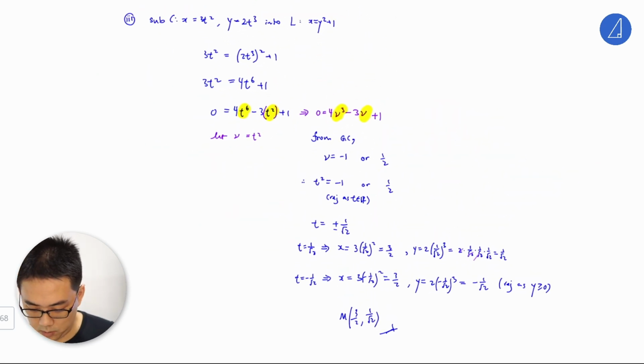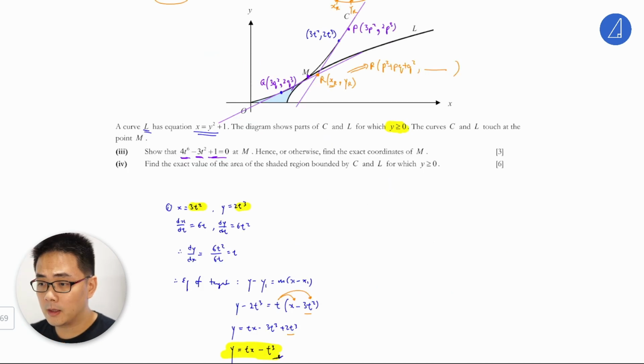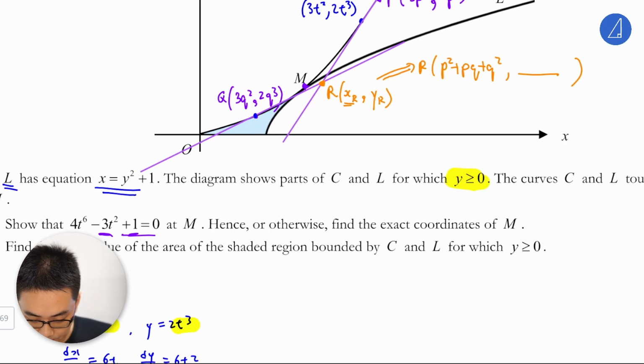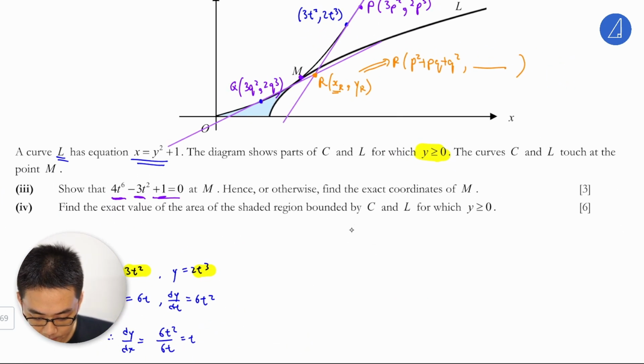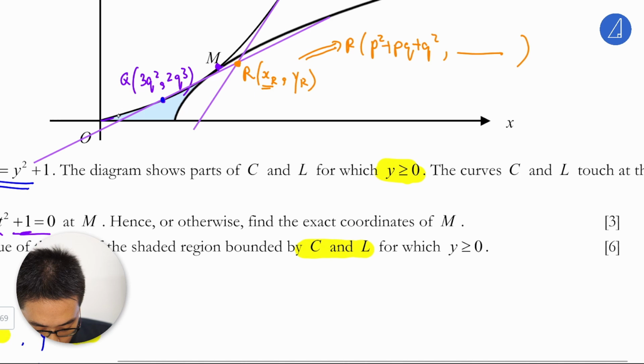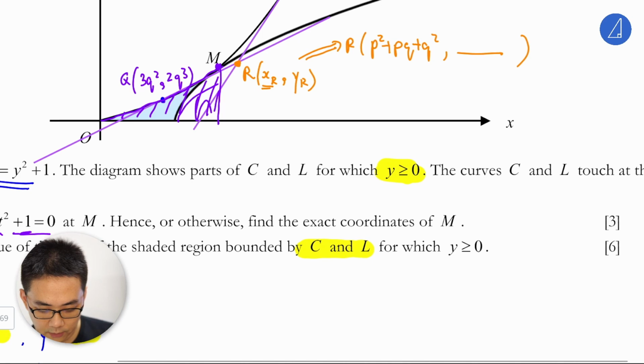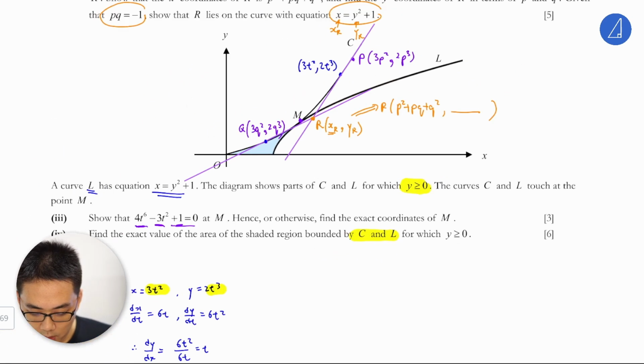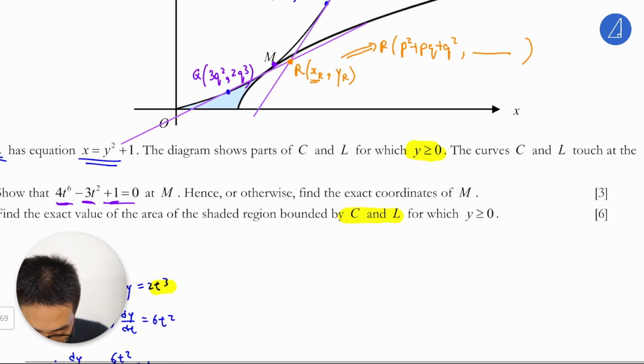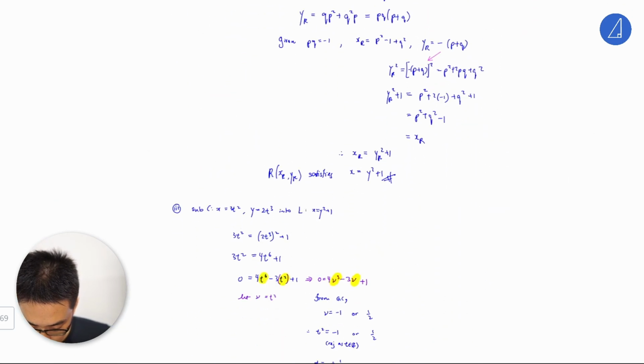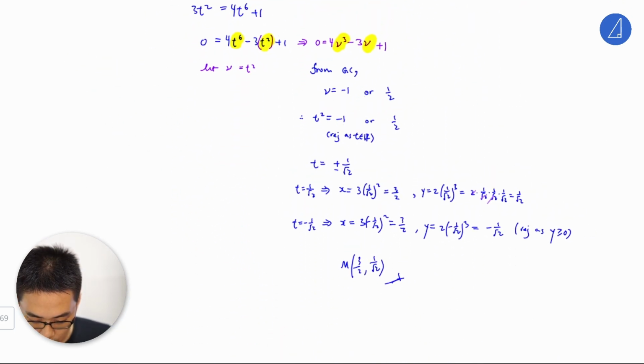So for the last part, you want to find the exact area bounded, shaded by C and L. In other words, you just find this area, the top curve minus the bottom curve. But remember to put the parameter there.